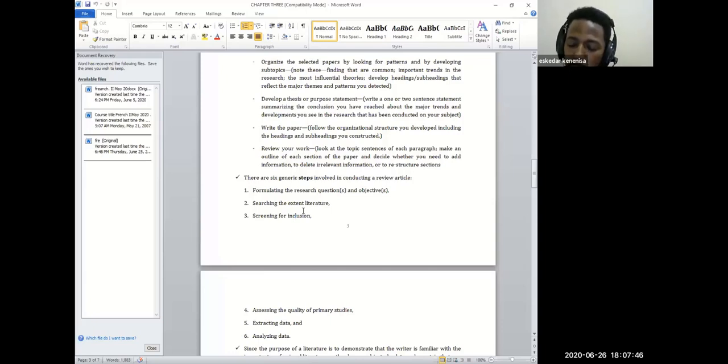All in all, the purpose of the literature review is to demonstrate the familiarity of the writer with the topic he or she is working on. You have to show your familiarity with the material, with the field. You have to convince your reader that you know the materials, the subject, the topic.